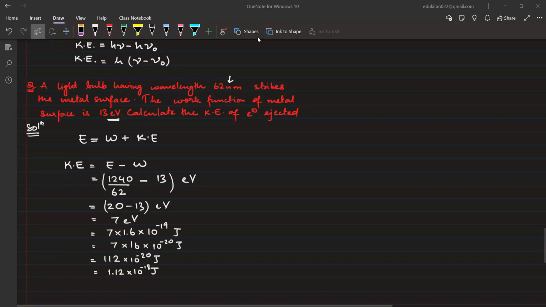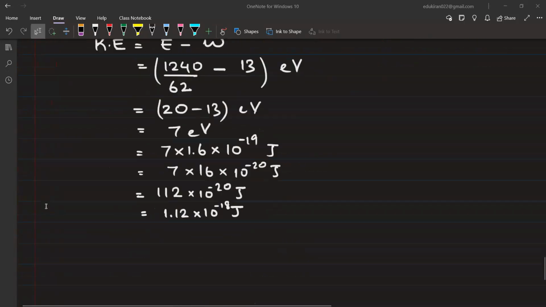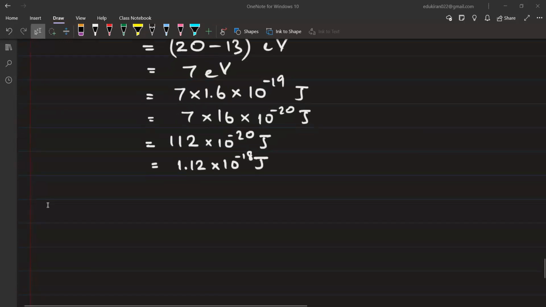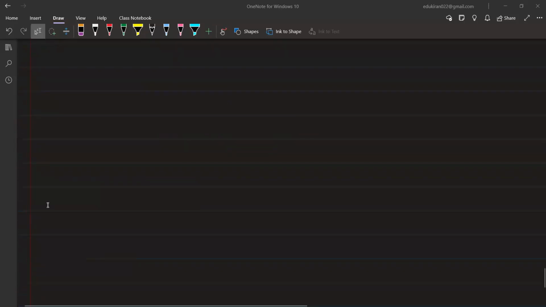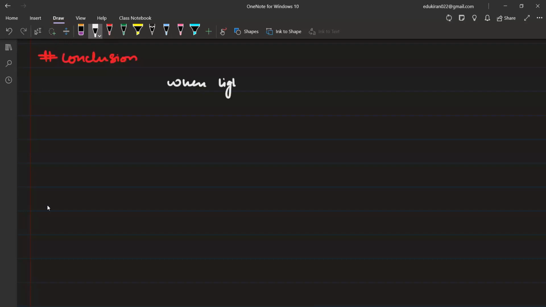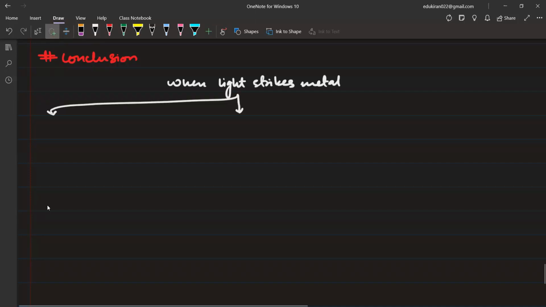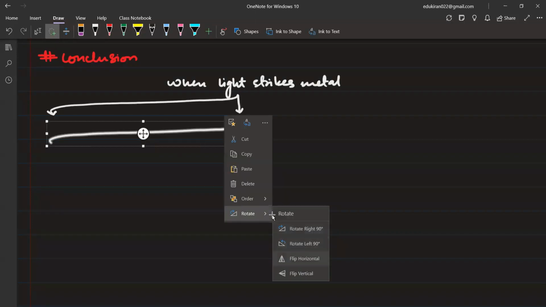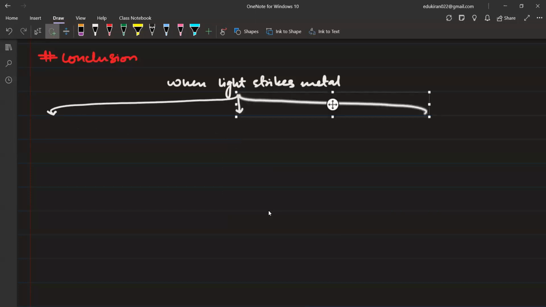Okay. Fine. That means we can write a conclusion also from here, from photoelectric effect. Please write. When light strikes metal, then one of three things can happen.